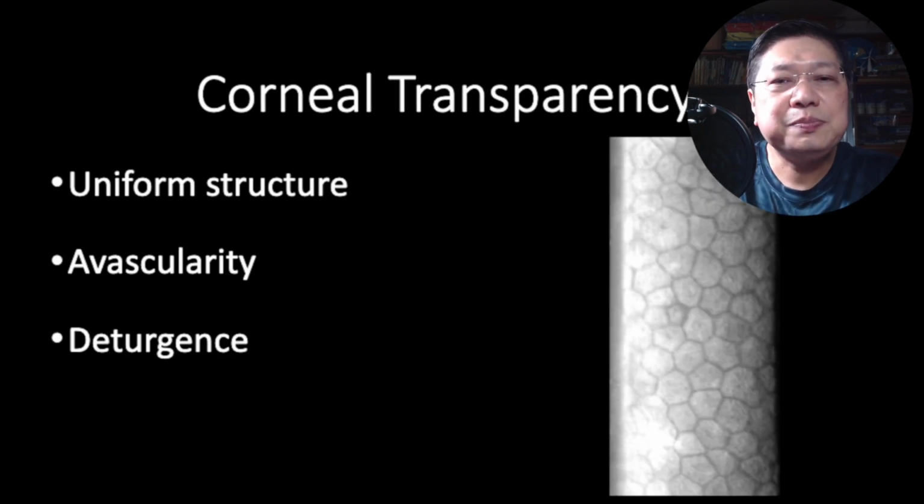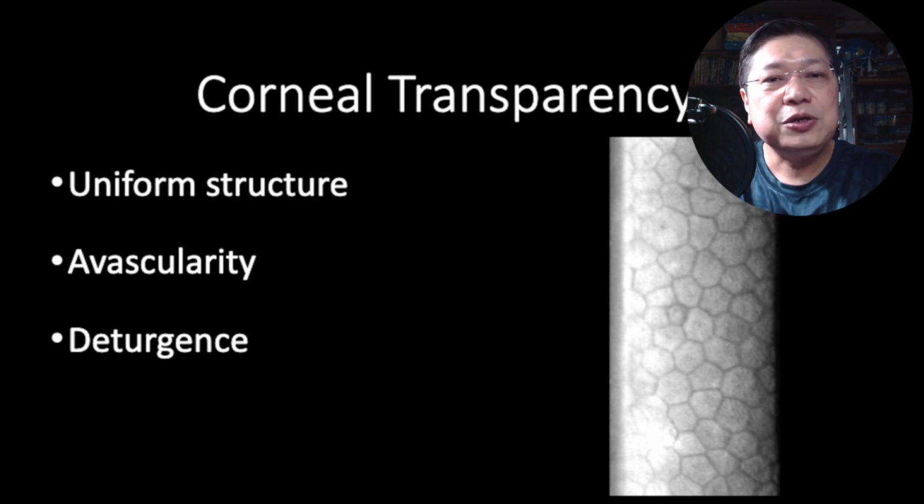And the transparency of the cornea is not a permanent thing. It takes work. It takes a lot of work and organization from your cornea to keep it transparent. That means your cornea could lose its transparency later on. It could become opaque.